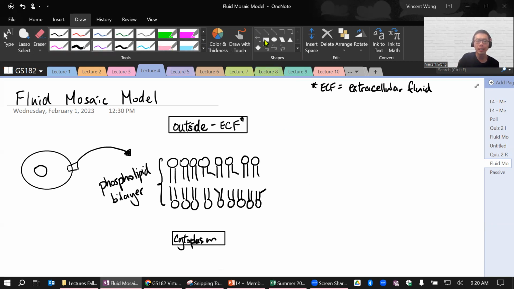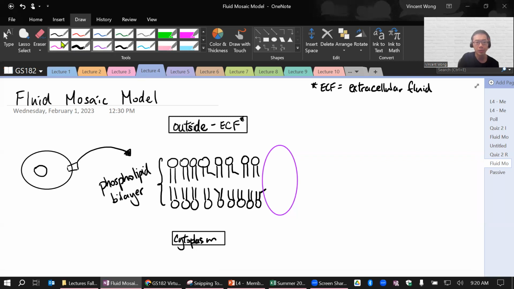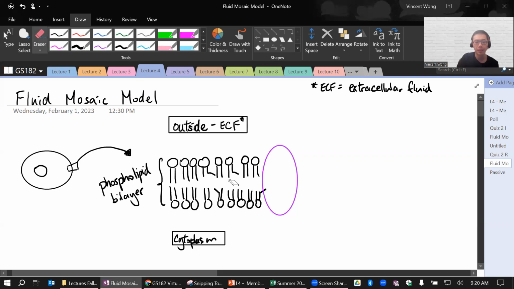Now, along the way, you are going to have these big proteins that insert themselves in the phospholipid bilayer. I'm just going to draw more phospholipids here.